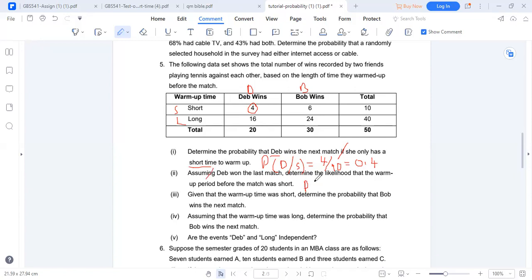If Deb, so slash Deb. Find short. So this is short given Deb. Where are they meeting? They're still meeting at 4. Is the total for short or for Deb?